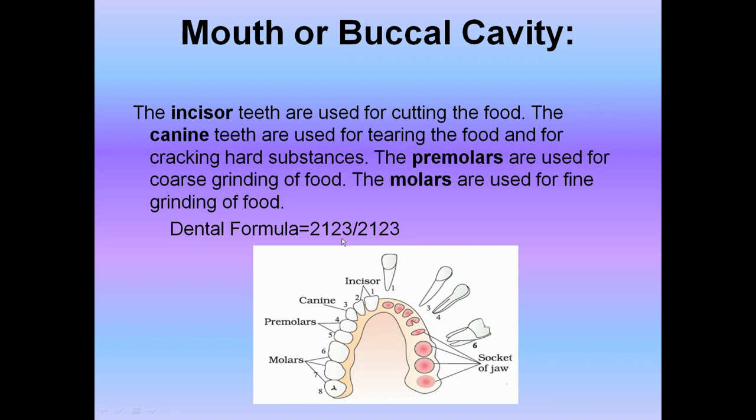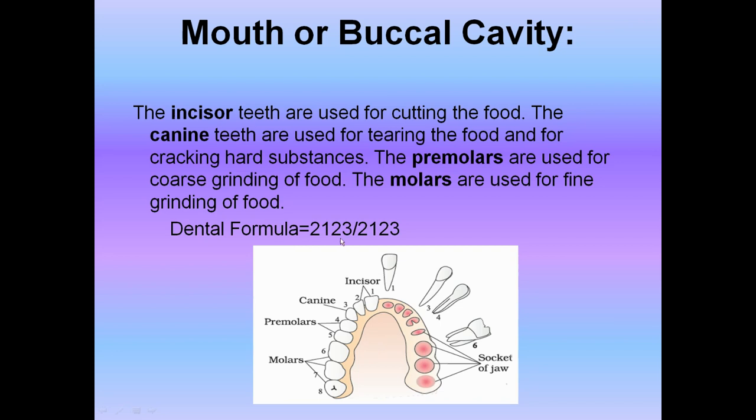So the numbers of the teeth in order are presented: two incisors, one canine, two premolars, and three molars. This comprises the half jaw. The other half is represented the same way because we have the same composition. Some organisms do not have the same composition, so this methodology calculates the number of different types of teeth in the half jaw only.